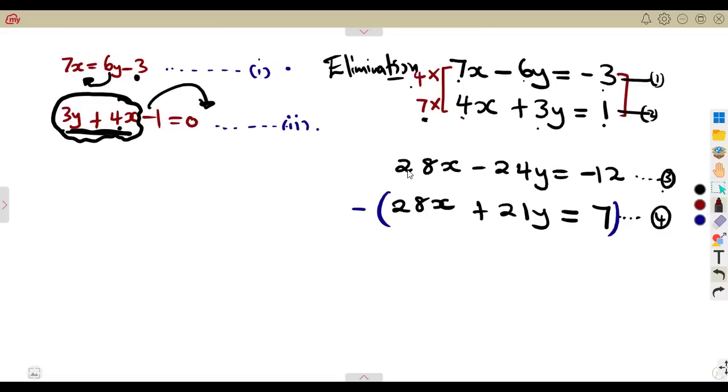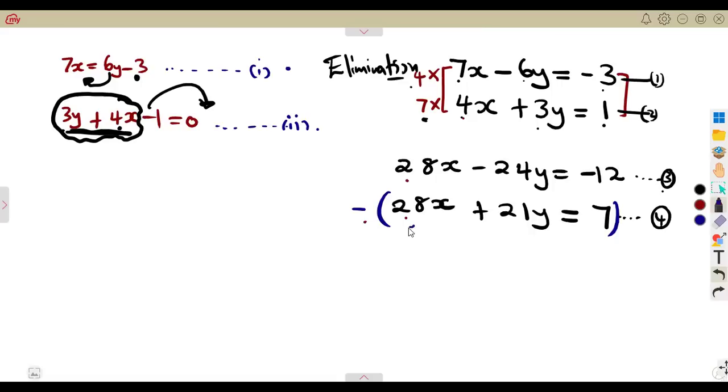So I said if the two signs are the same, you subtract. Whether it was a minus here and a minus here, you subtract to eliminate as long as these two signs are the same. So it's a plus and a plus, subtract to eliminate that term that you want to remove. 28 minus 28, that's a 0.